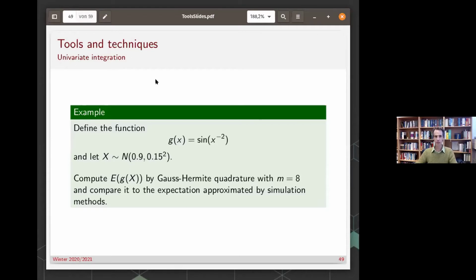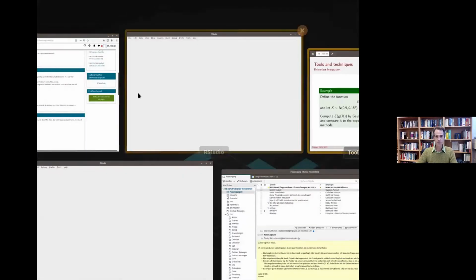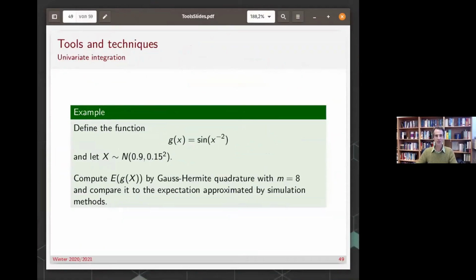So how can we do that? Let me share a different screen. How can I do that? Let's stop sharing here and then start the R screen.